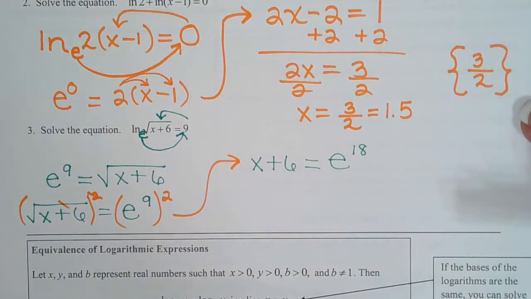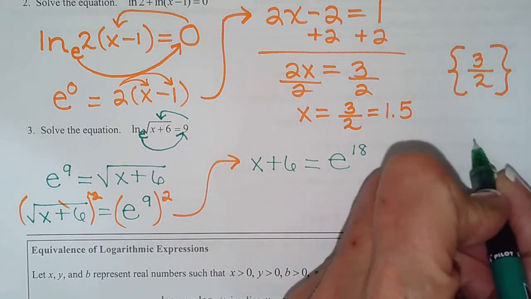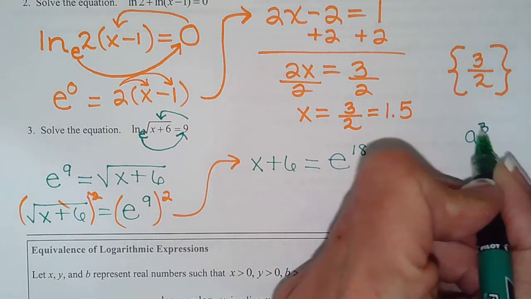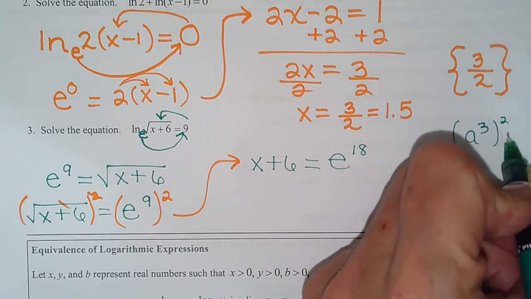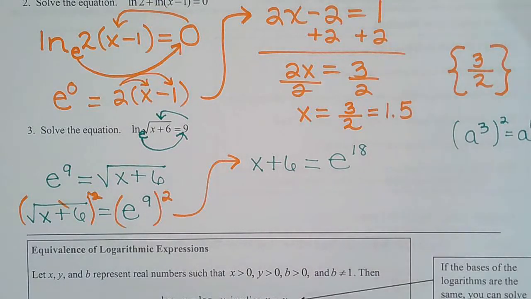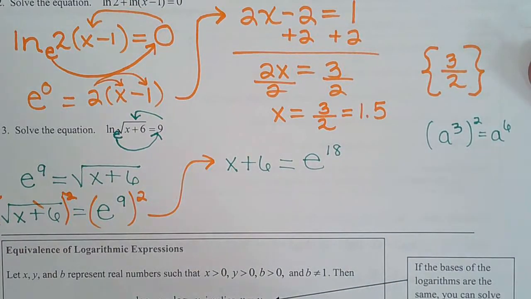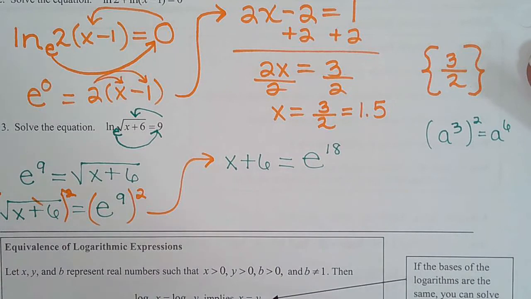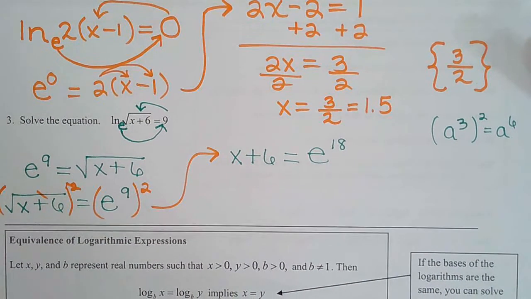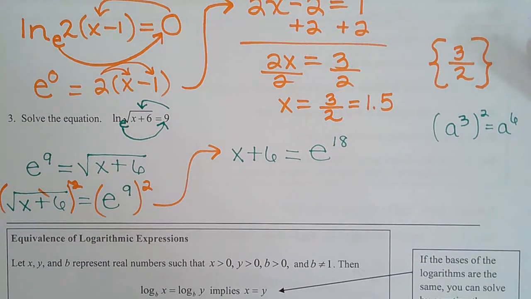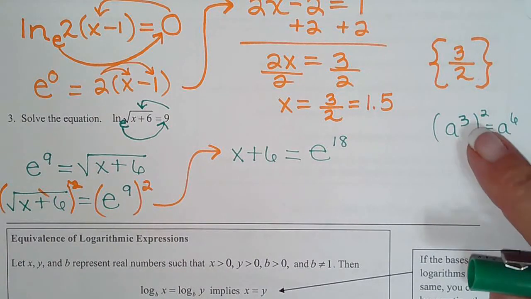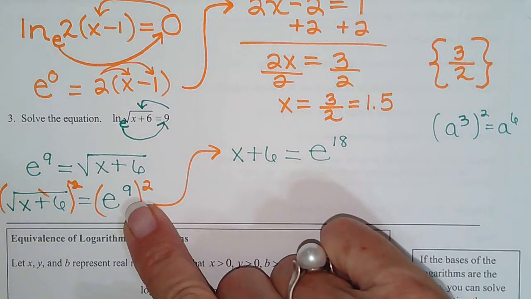We don't square it, we multiply. It's like this one, a cubed squared is a to the 6th. Same exact rule. Just we have an E, which is the base, and remember E is about 2.7, so it's just like any other number, it just goes on forever, like pi. But we're using the same rule here as we did here.